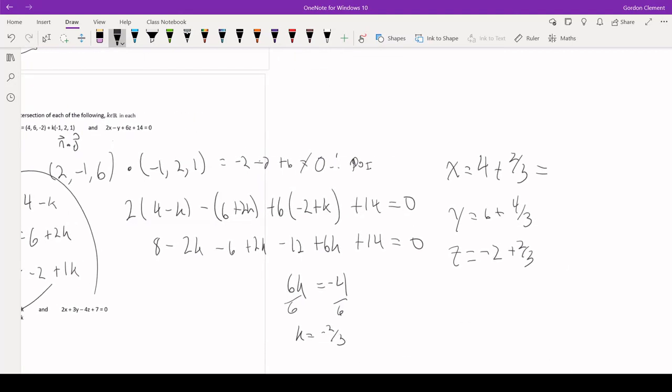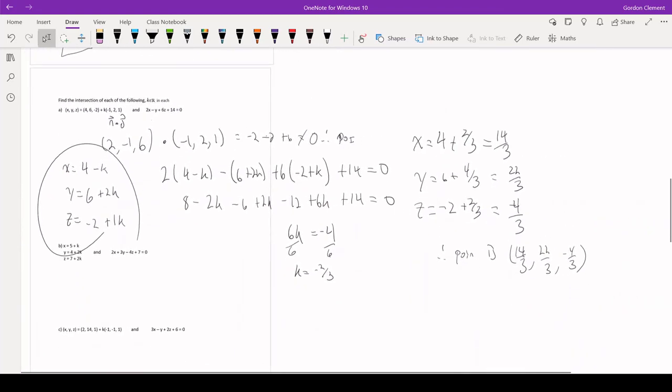So 4 is 12/3, so that's 14/3, 6 is 18/3, so that's 22/3, and that's negative 6/3 plus, so that's going to be negative 4/3, I think. That's my point. Therefore, POI is 14 over 3, 22 over 3, and negative 4 over 3 if I didn't mess up any of those fractions. And if I did, just pretend I didn't.